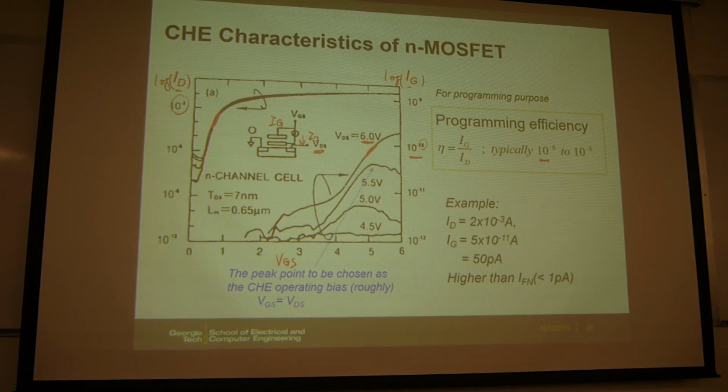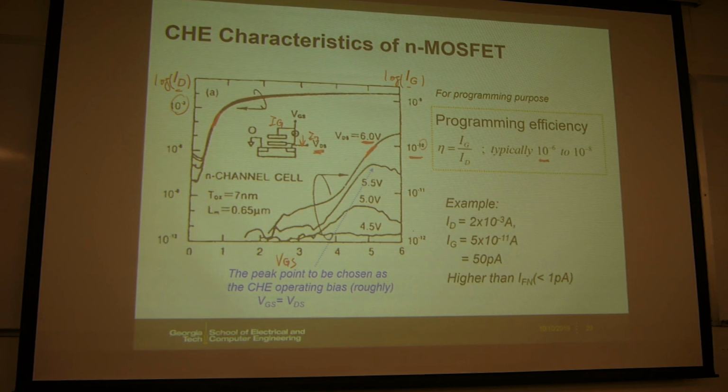What we did there is we apply a large voltage, for example 20 volts, on your control gate, and the substrate is grounded. So because of the large voltage difference, all the substrate electrons will directly, vertically inject to the floating gate. So the efficiency is high. Of course, the tunneling current is so small there, less than like a picoamp.